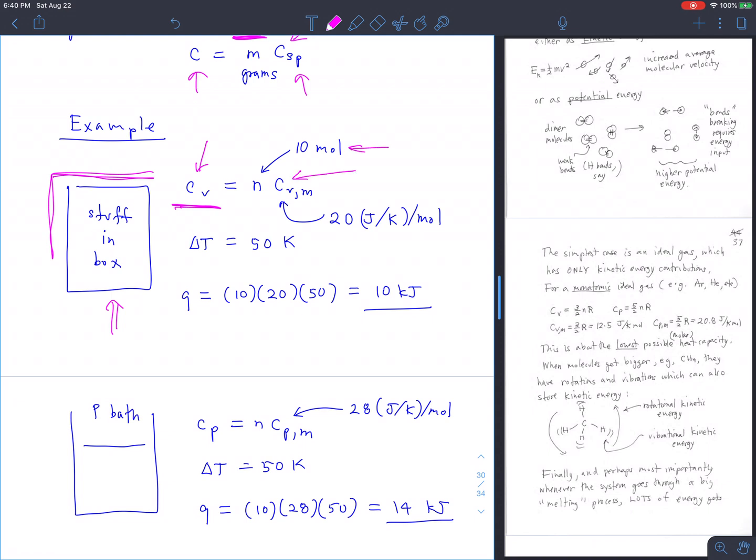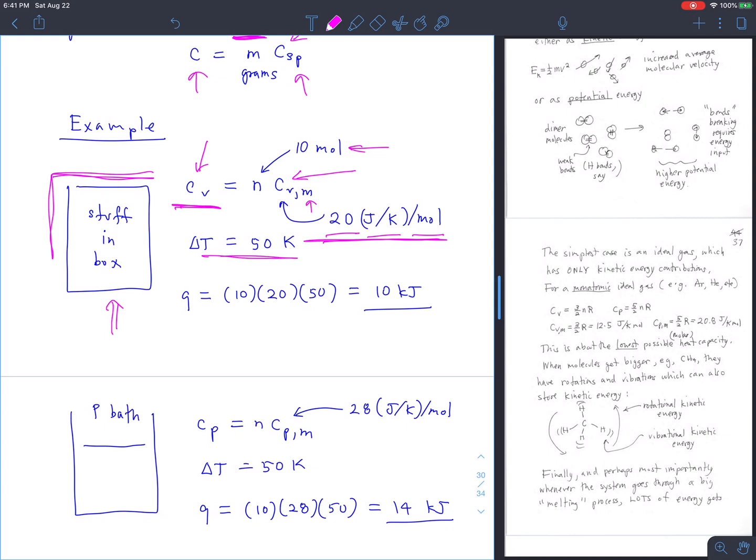We're saying that the heat capacity per mole at constant volume is 20 joules per K per mole. Note the units there. And I might note in passing that these units are exactly the same as the units for the gas constant, and also the same as the units for entropy, though we haven't talked about entropy really yet. So heat capacity, gas constants, and entropy all have the same units.